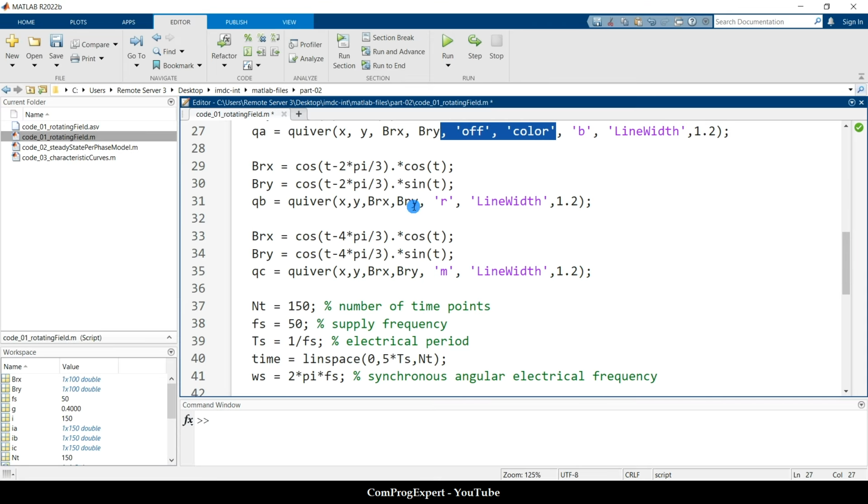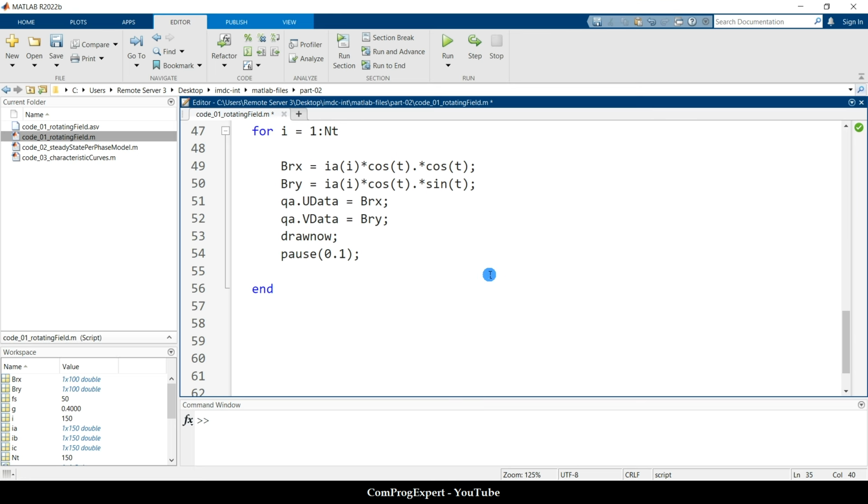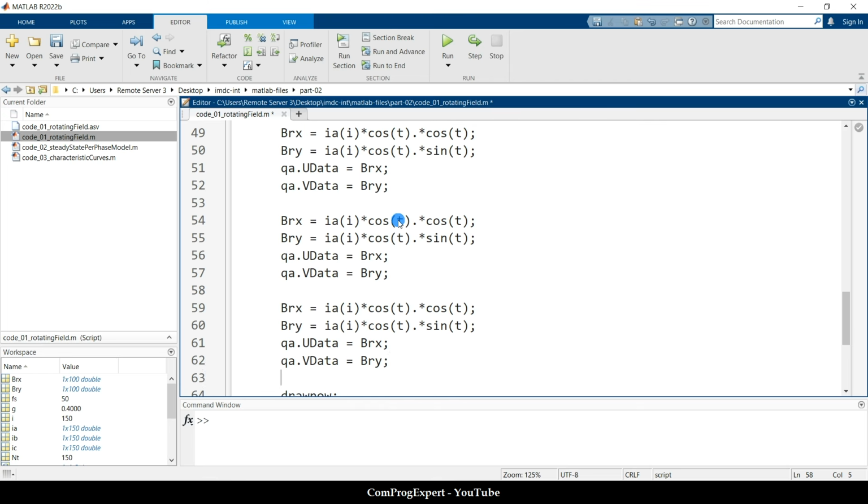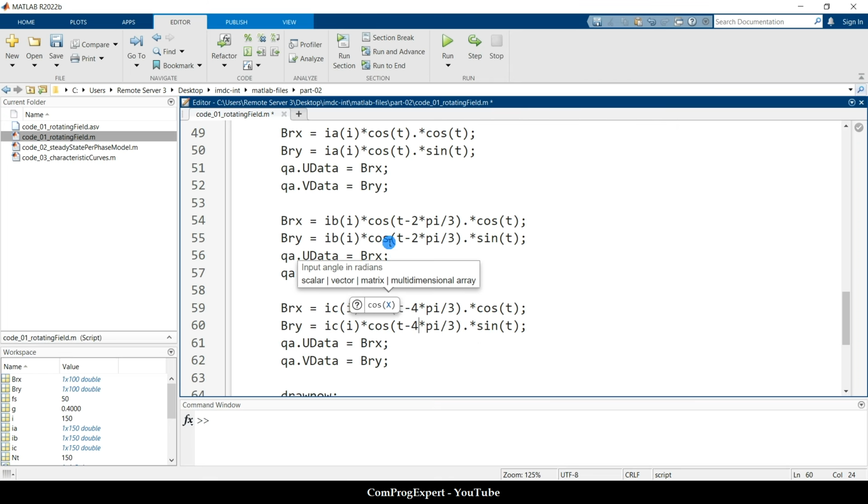Let me copy this off scaling, and we can do the same calculations for the phase B and C. This is IB and IC, minus 2 times pi divided by 3. For the phase C it is 4.